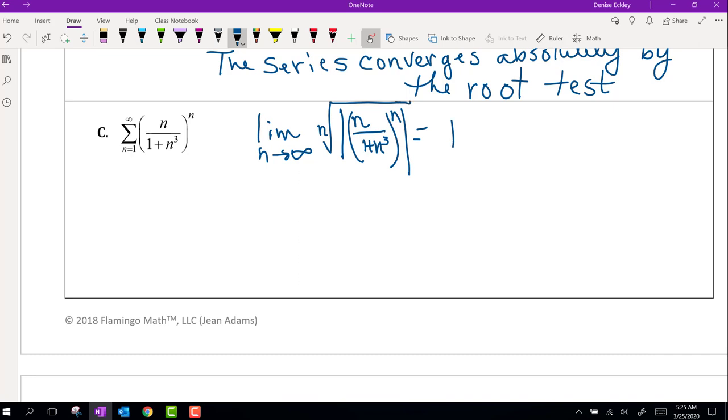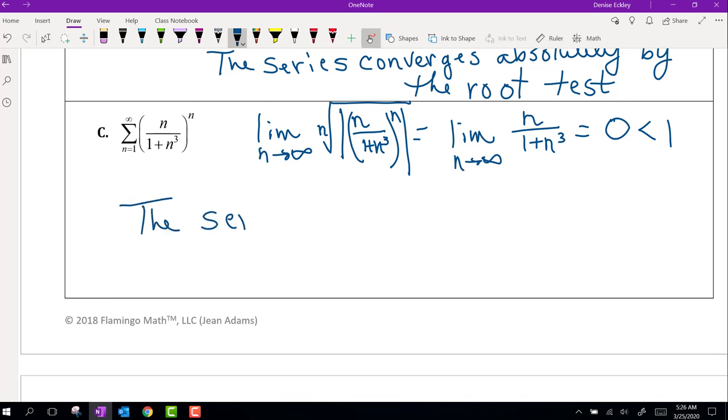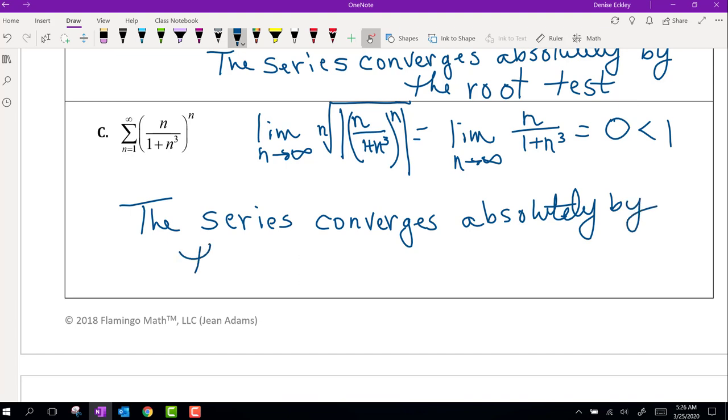So that is going to equal the limit as n approaches infinity of, the nth roots will cancel, so I am left with n over 1 plus n to the third. And this limit is going to equal 0, which is obviously less than 1. So again, the series converges absolutely by the root test.